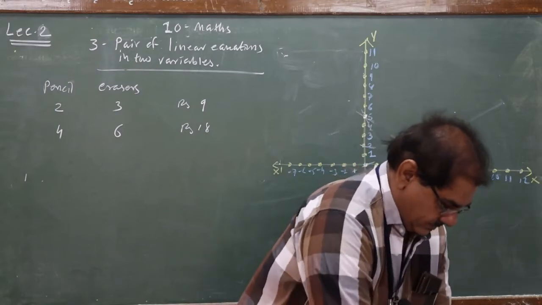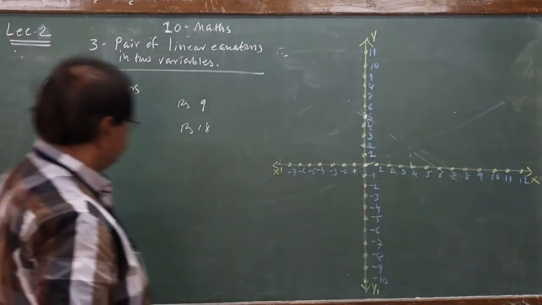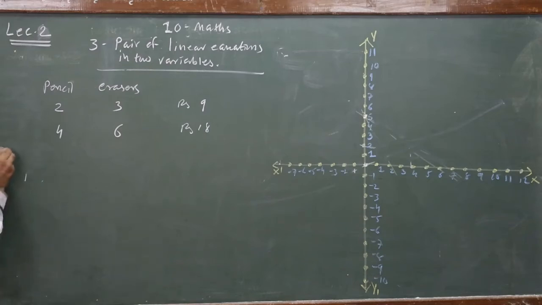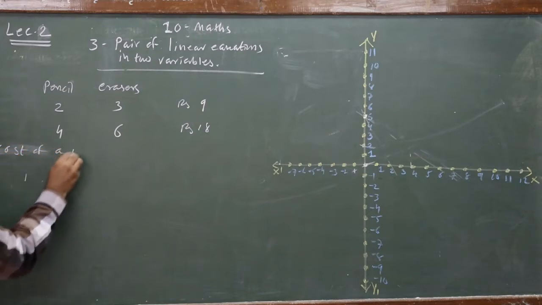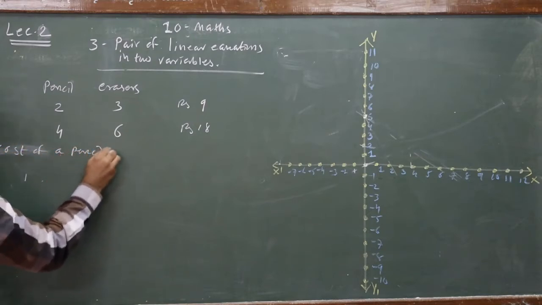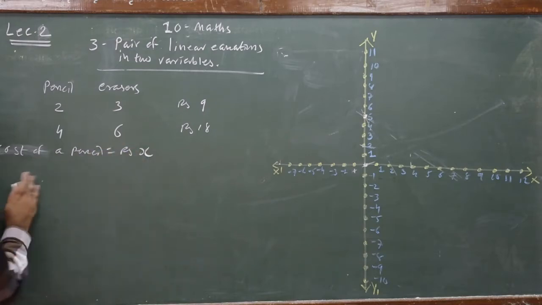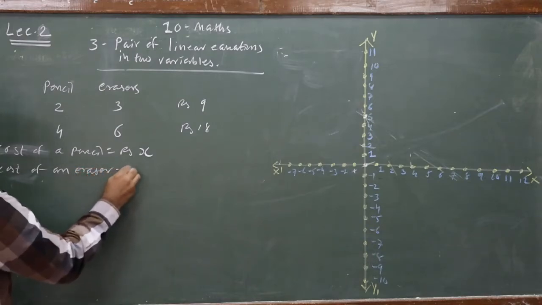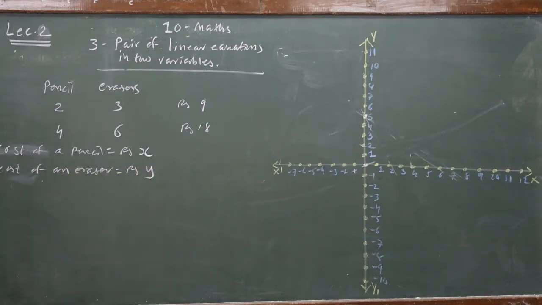So we have to solve this graphically. Let us check. Suppose the cost of a pencil is rupees x, and the cost of an eraser is rupees y.